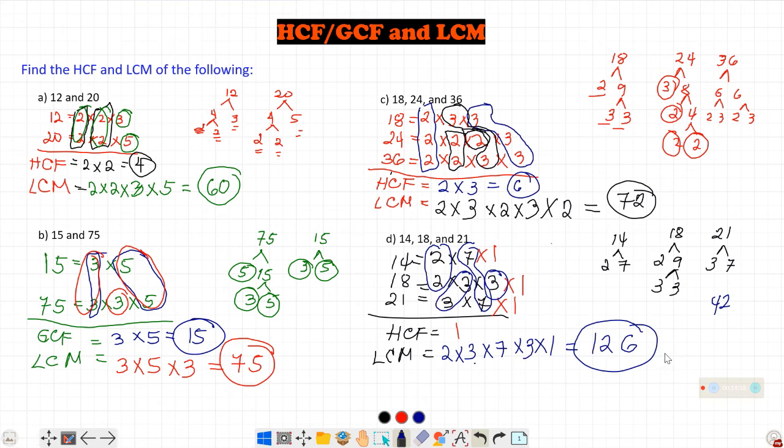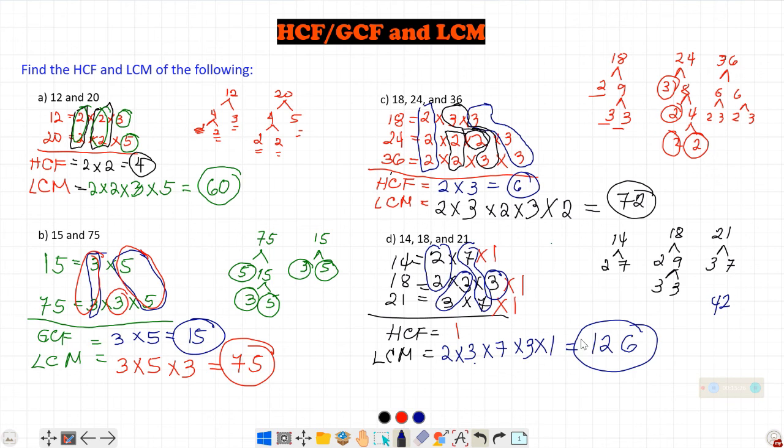Okay? So that's how we find the HCF or GCF of numbers. Don't forget, there are different ways to find this, but you should remember that if you're looking for the HCF of two numbers, the factor should be common to both of them. If it's three numbers, it should still be common to all three numbers.